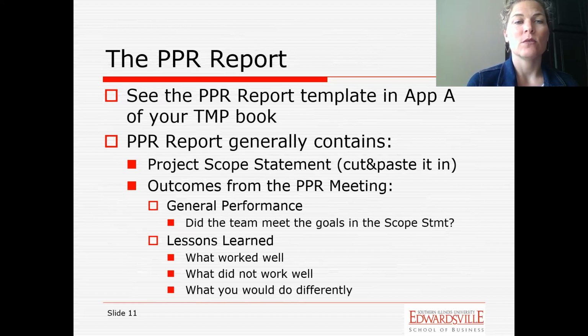There will be a place to talk about general performance and goals that were hopefully accomplished, and then a portion to look at the lessons learned. And so it's just documented really nicely in a final report.